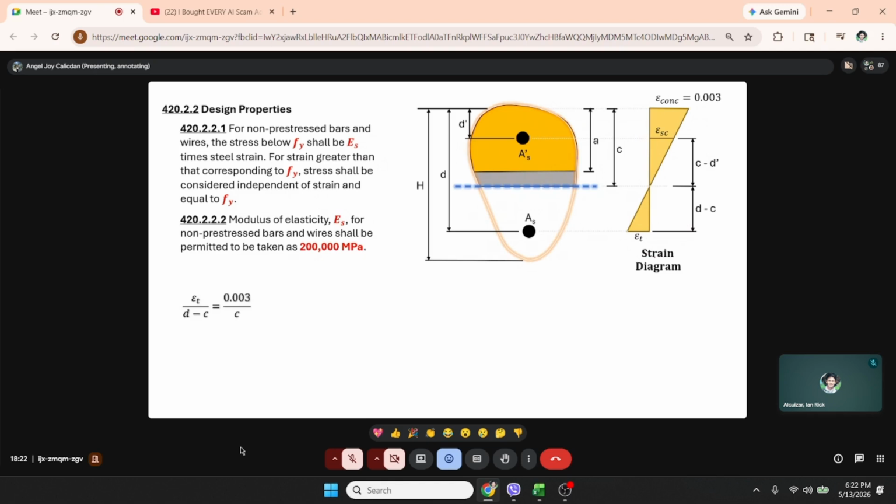So, from the strain diagram, we can derive a formula. By ratio and proportion, the strain in tension over d minus c is equal to the strain in concrete over c.